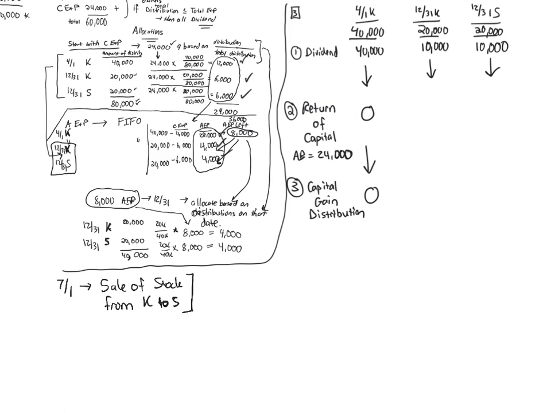So we have a sale of stock from K to S for $50,000 for one half of the stock. We've got to do the consequences of K. So the amount realized minus the adjusted basis. Amount realized: K receives $50,000.